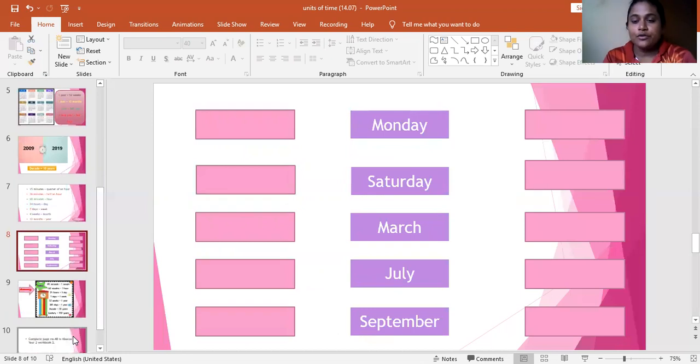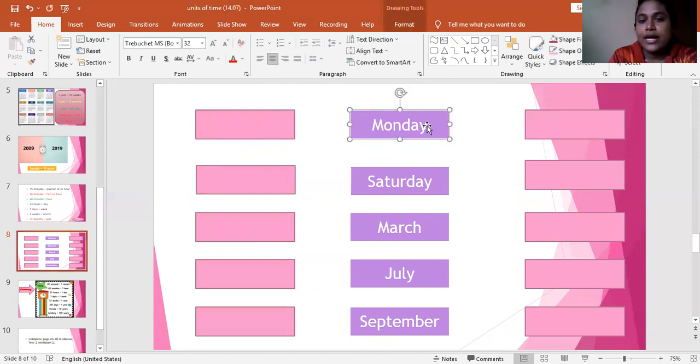And now we are going to fill these blanks. Here we have dates of the month, days of the week and months of the year. We're supposed to write the previous day and the next day, previous month and next month. Now the day is Monday.